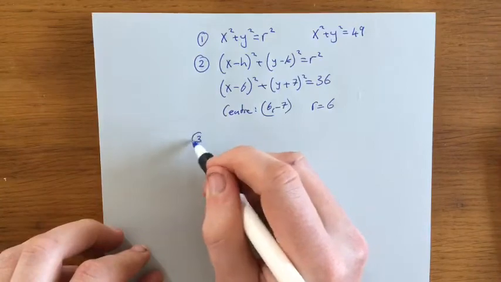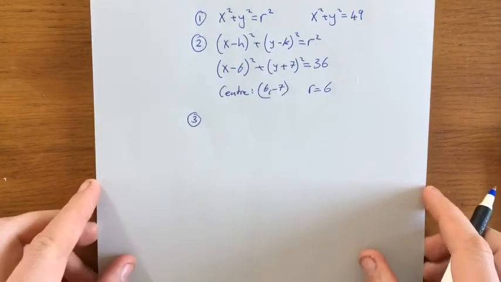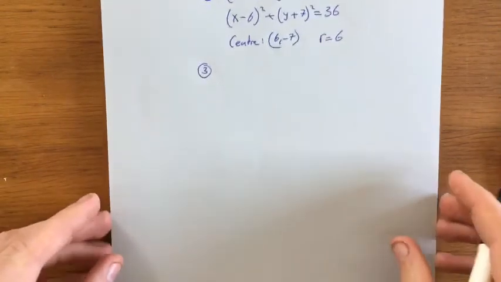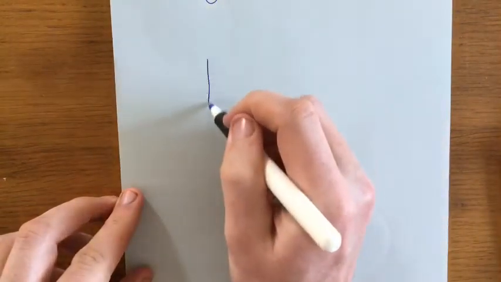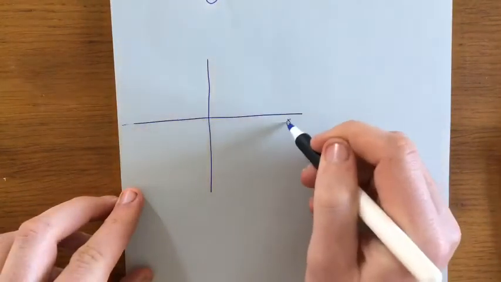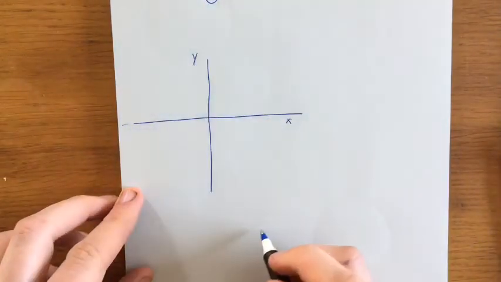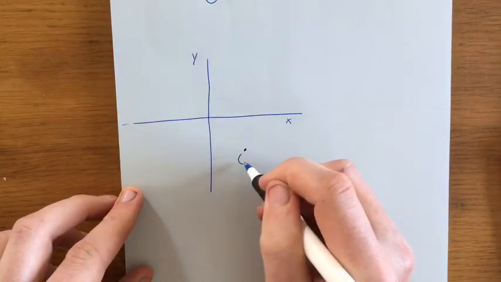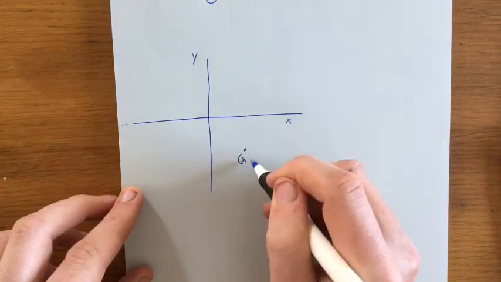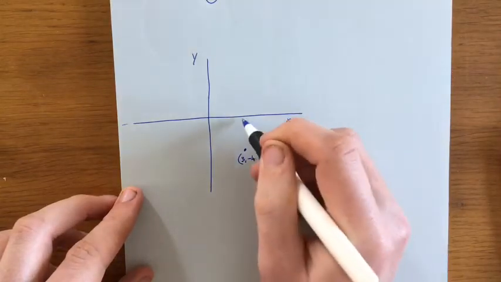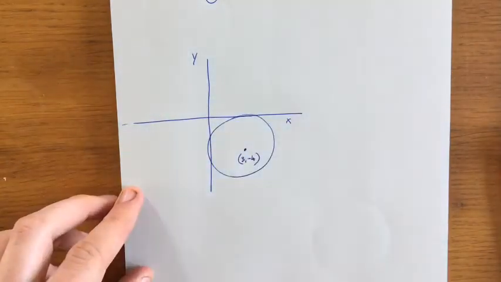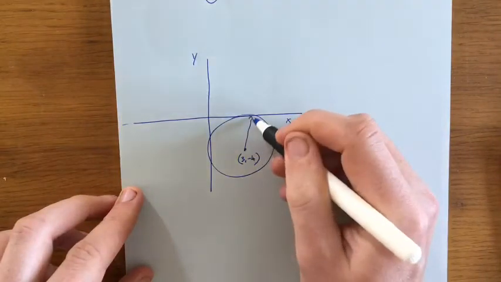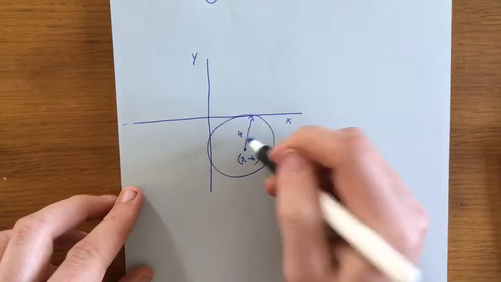Okay, so in this video we need to explain the third type of equation that you can get. But before we get to that, I just want you to do a very quick question. I'm going to draw the xy axis here, and I'm going to draw a circle around here. The center of the circle is 3, minus 4, and it has a radius of 4.